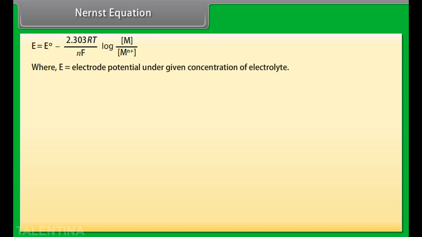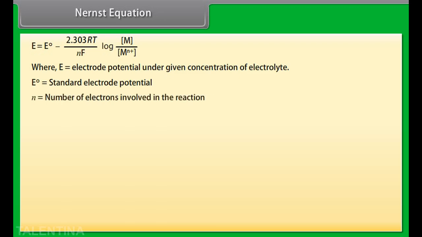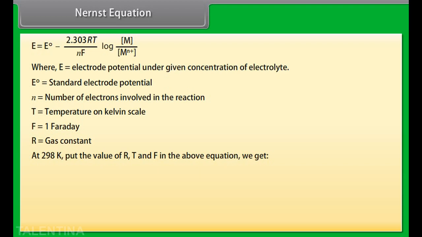is equal to electrode potential under given concentration of electrolyte, E naught is equal to standard electrode potential, and n is equal to number of electrons involved in the reaction, T is equal to temperature on Kelvin scale, F is equal to 1 Faraday, R is equal to gas constant. At 298 Kelvin, put the value of R, T and F in the above equation.